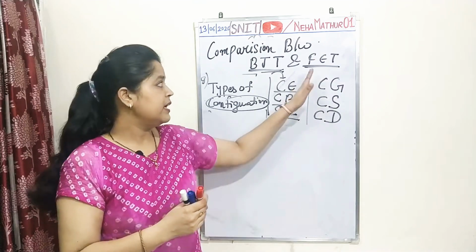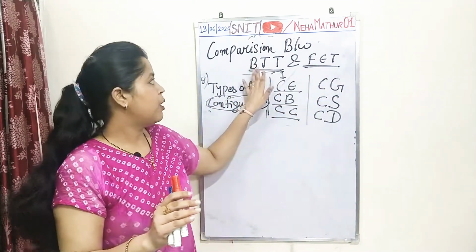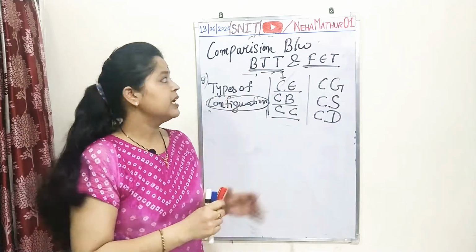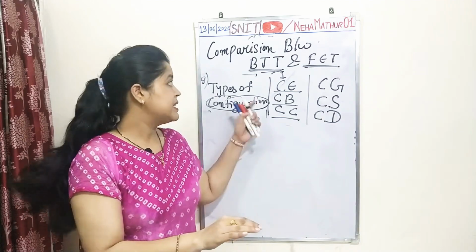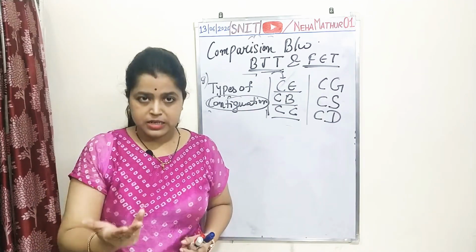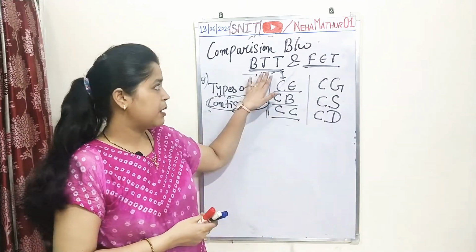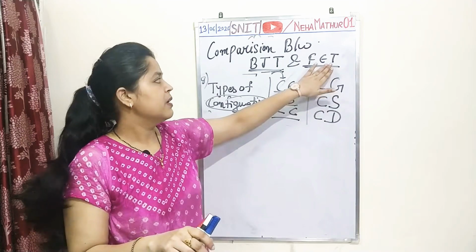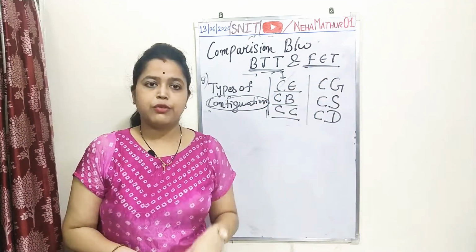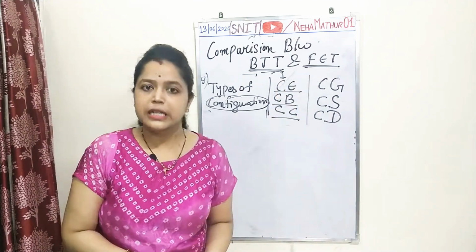So you can say that FET is more dominant than BJT, but BJT is considered the backbone of electronics because BJT was introduced first and FET later. So from the next video we are going to discuss FET in detail.